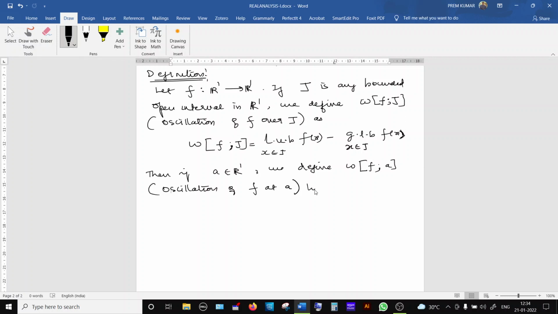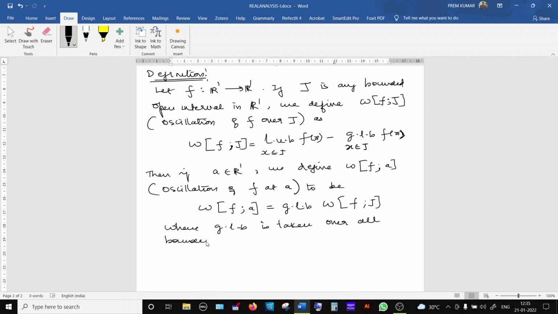We take the GLB of all oscillations of f over a set J, where this GLB is taken over all bounded open intervals J that contain a. That is also a real number.